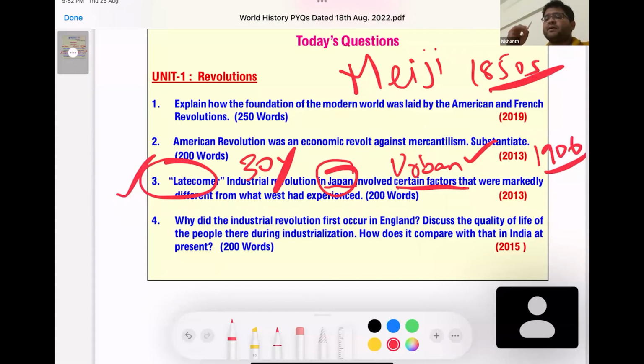But one of the very bad outcomes of this industrial revolution in Japan, like in any other Western nation, was excessive nationalism.